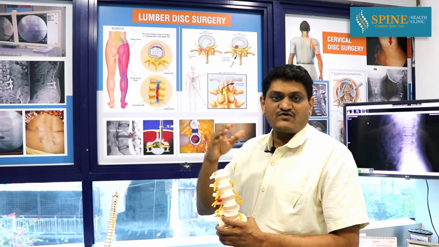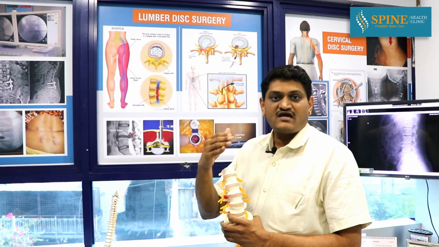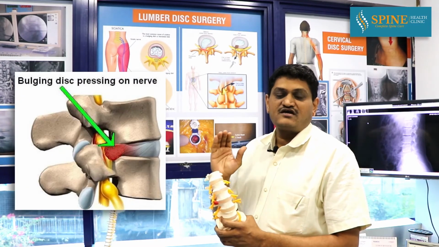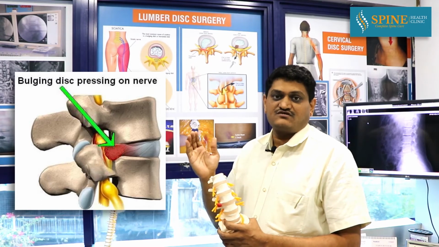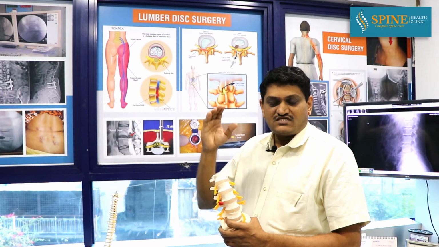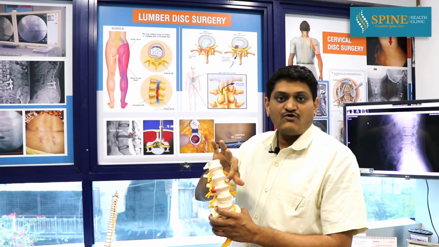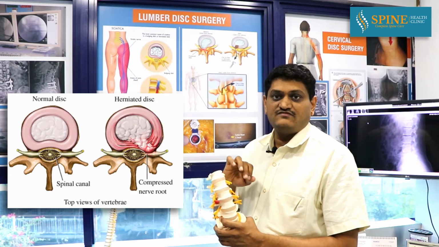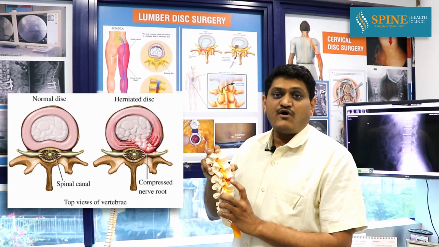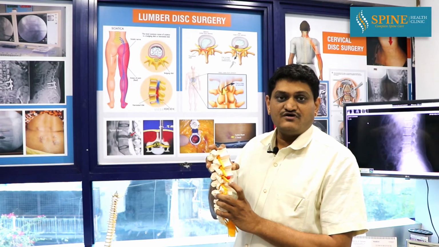With such a disc, if you get repetitive loading, you may get a bulging of the disc, and that bulging can cause pressure on the nerves. If there is sudden pressure, you may get a tear in the outer covering of the disc, and the disc material can pop out, which causes pressure on the nerve.